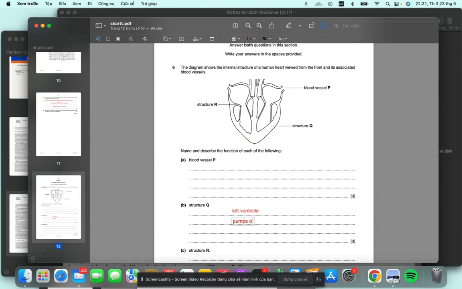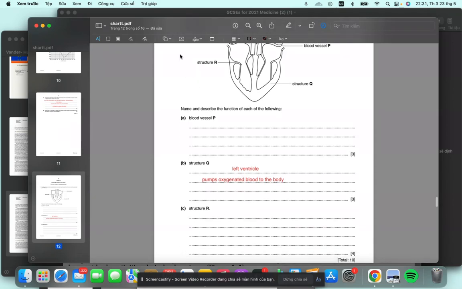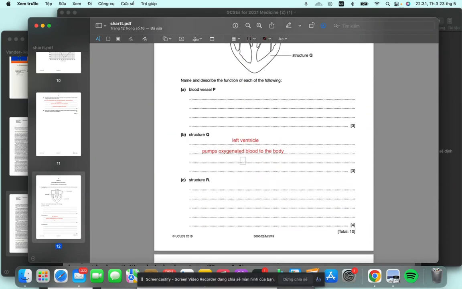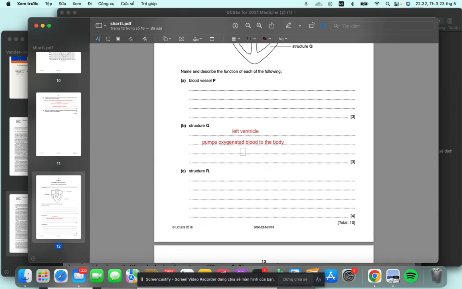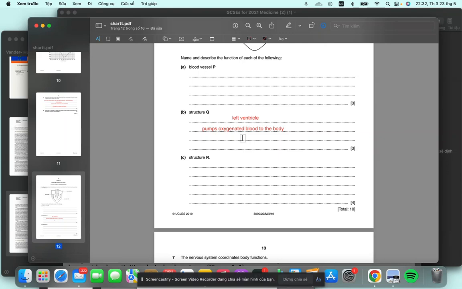It pumps oxygenated blood to the body. What else? There's one more. It is the main chamber of your heart.